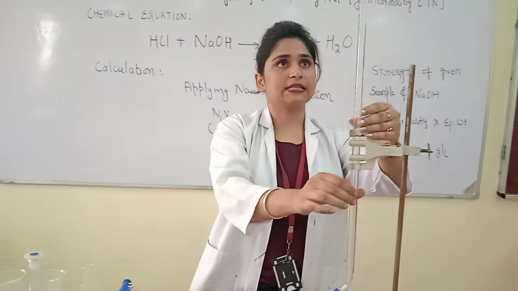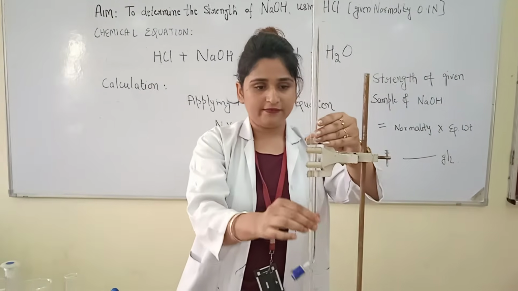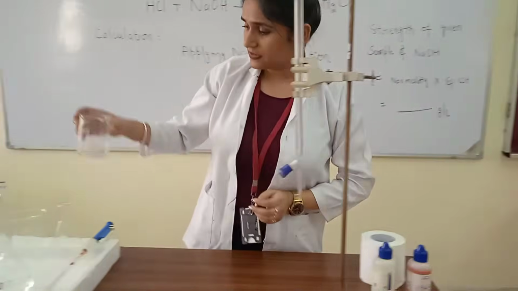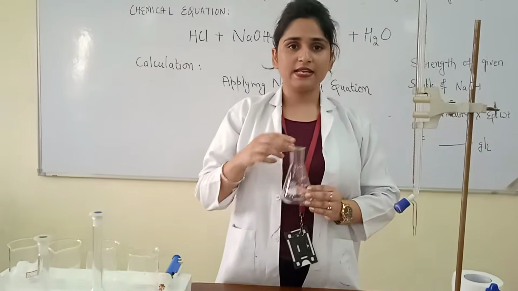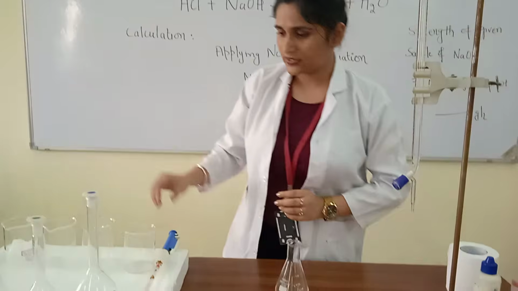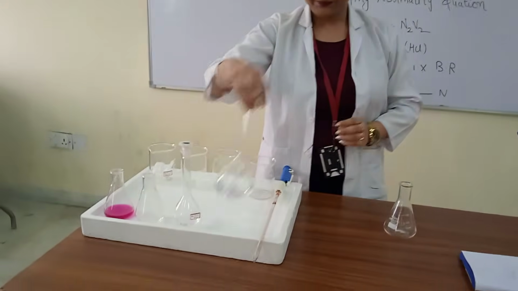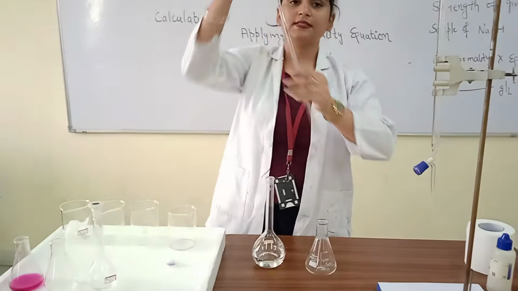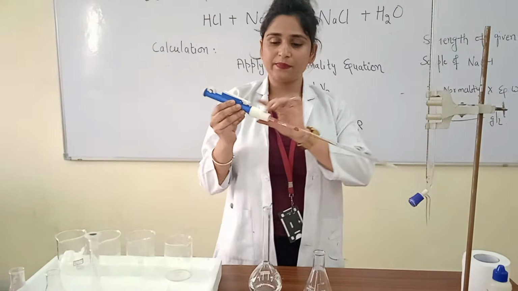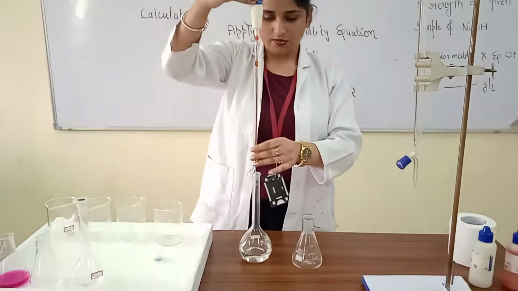Here we have taken the HCl in the burette, and now for the titration I will take a fresh titration flask, and in this flask I am going to put the NaOH sample. This is the pipette pump, and this is the pipette.